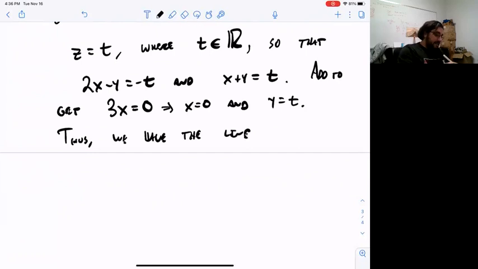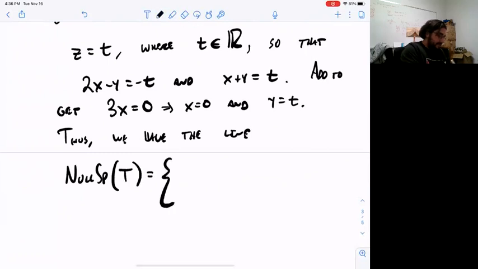So what's the line that is serving as this null space? Well, it's 0, right?